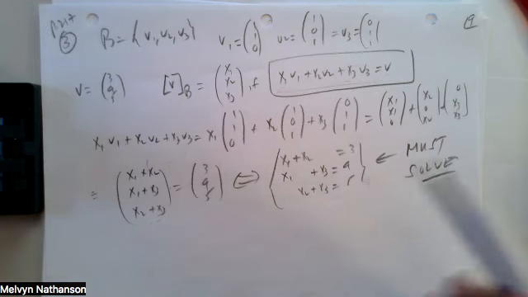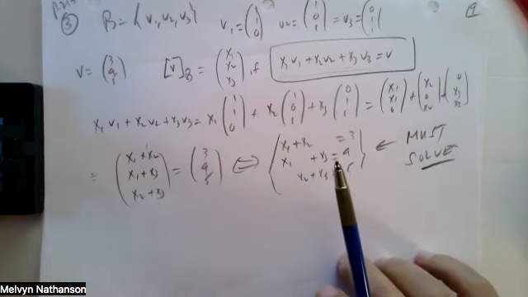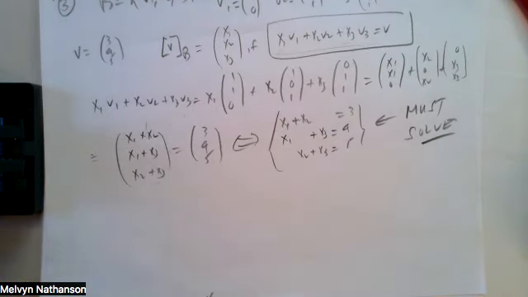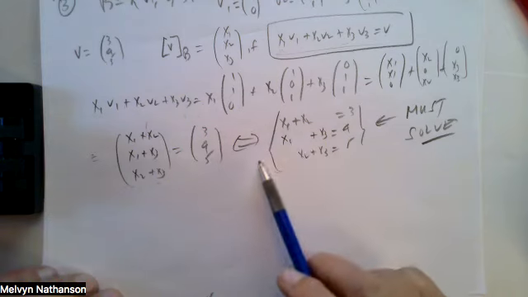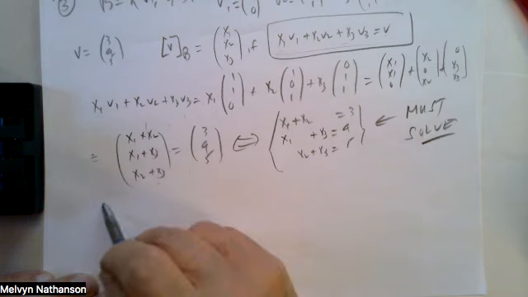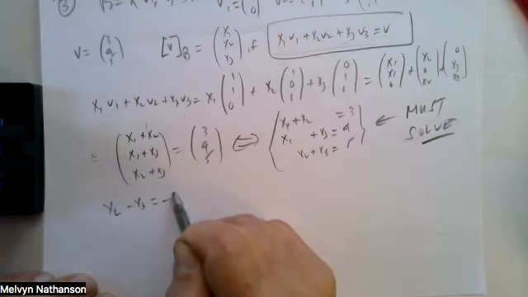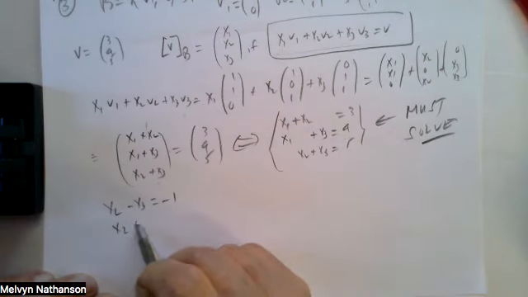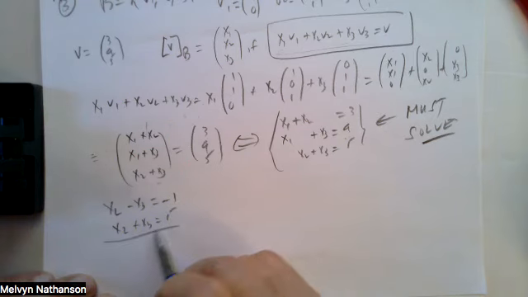And again, how we solve these equations is up to you. You could write down the augmented matrix and put it in reduced row echelon form, or any other way. For example, if I take the first equation minus the second equation, I get x2 minus x3 is 3 minus 4, which is minus 1. And the third equation was x2 plus x3 equals 5. If I add, I get 2x2 equals 4.